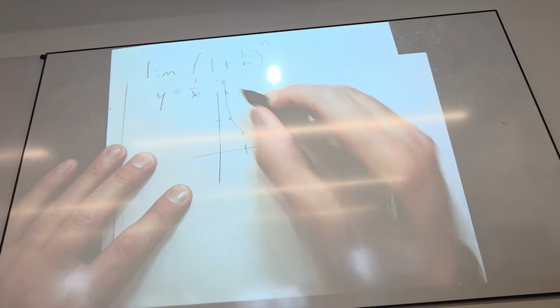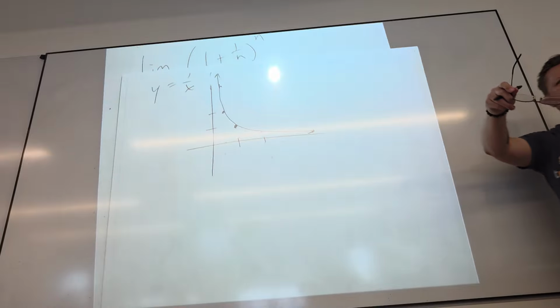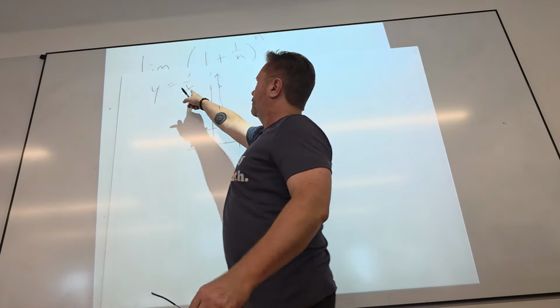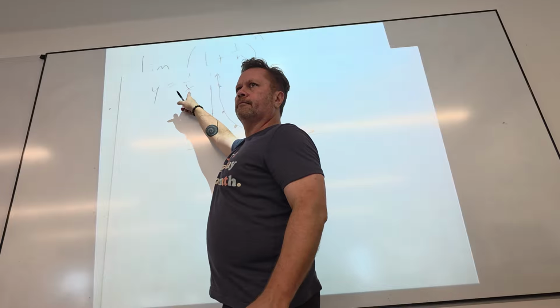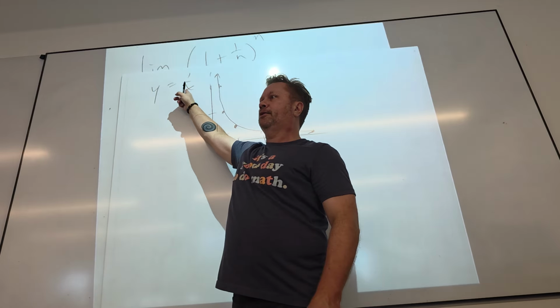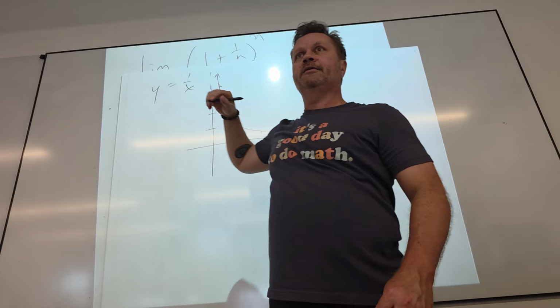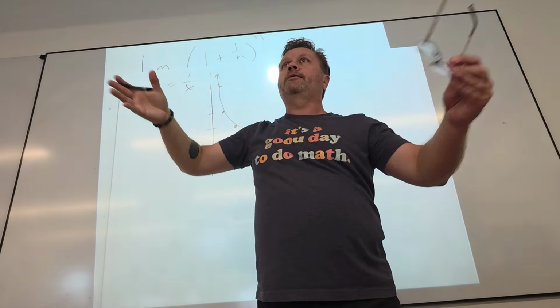You guys with me? So it's got an asymptote here, it's got an asymptote there. Where's the vertical asymptote going to be? 0. And what's the horizontal asymptote going to be? The bottom degree is bigger than the top, so y equals 0. Yes? So we knew that was going to happen.